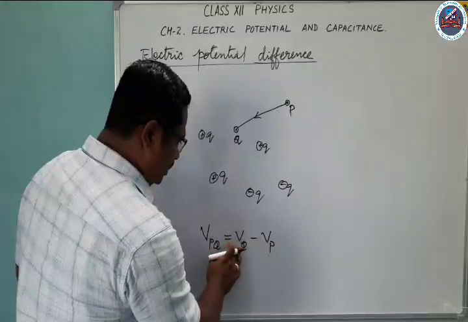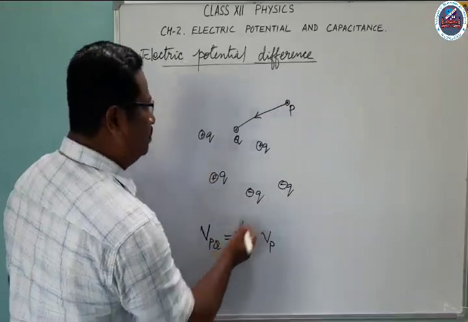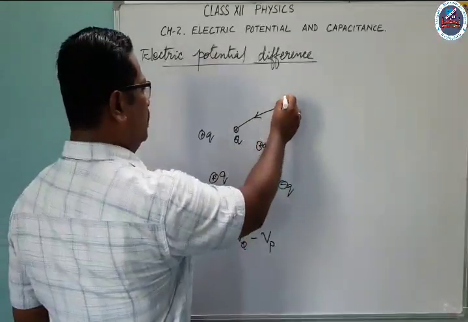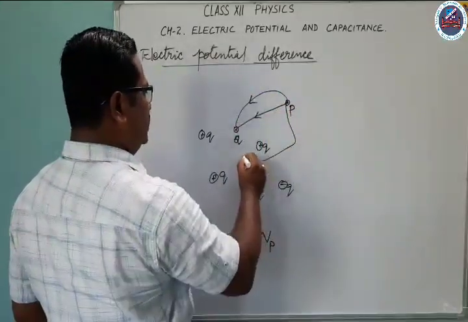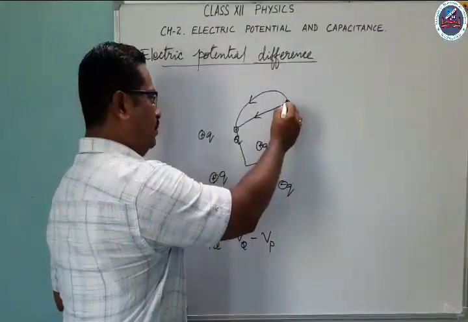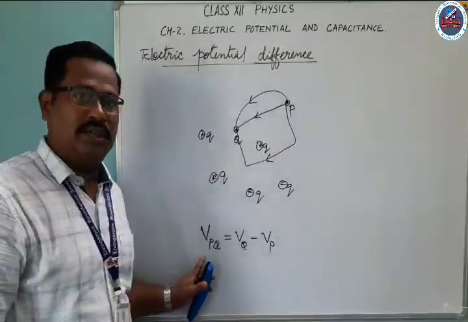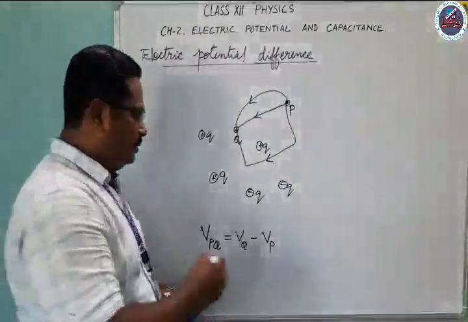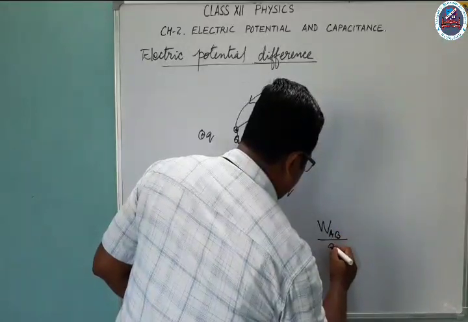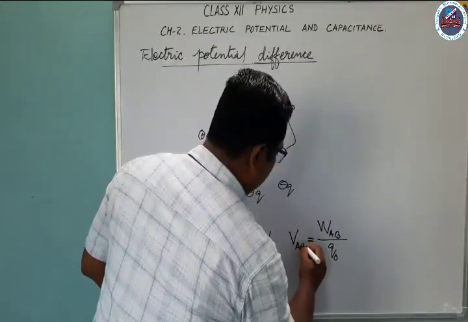We are doing the work in bringing the charge from P to Q. In this case also, whether you bring it this way or this way, it does not depend upon the path it follows, it only depends upon from which position to which position you are bringing. That gives us the measurement of potential difference. Here the potential difference is the work done from A to B divided by the unit test charge that you are bringing.